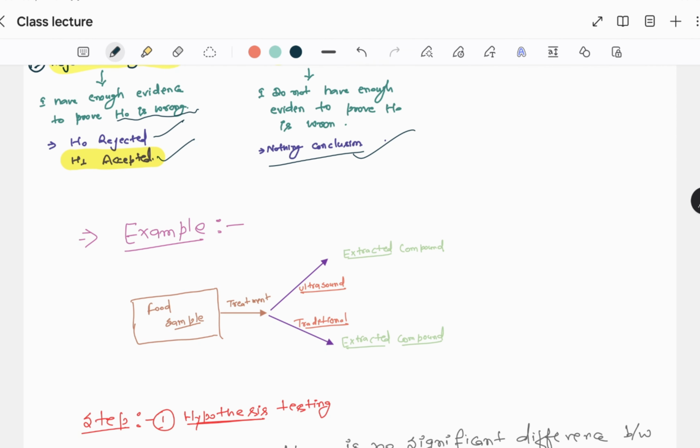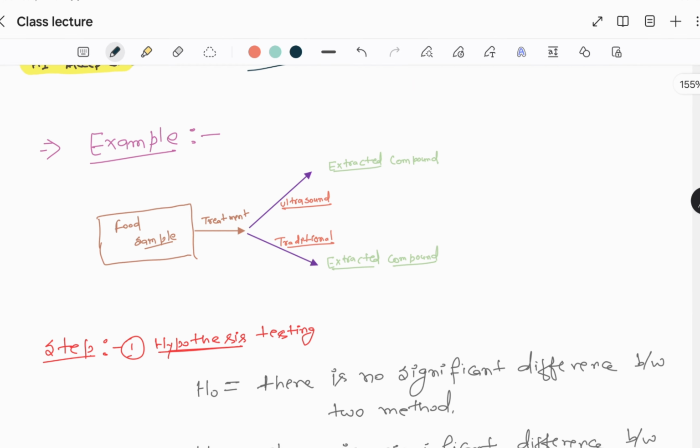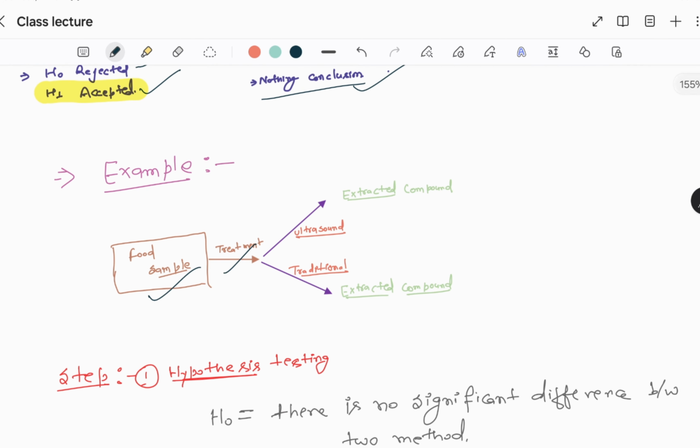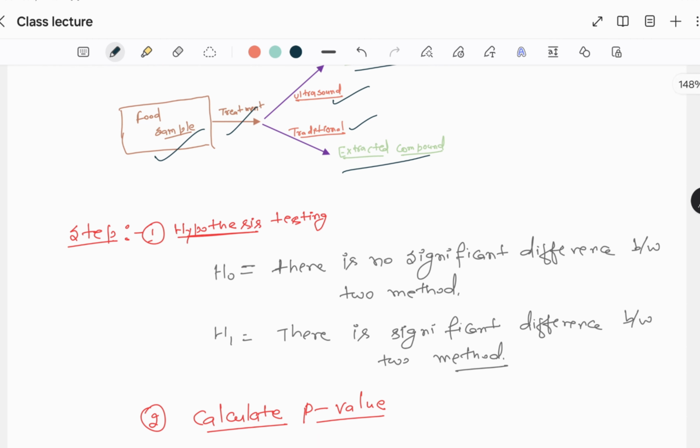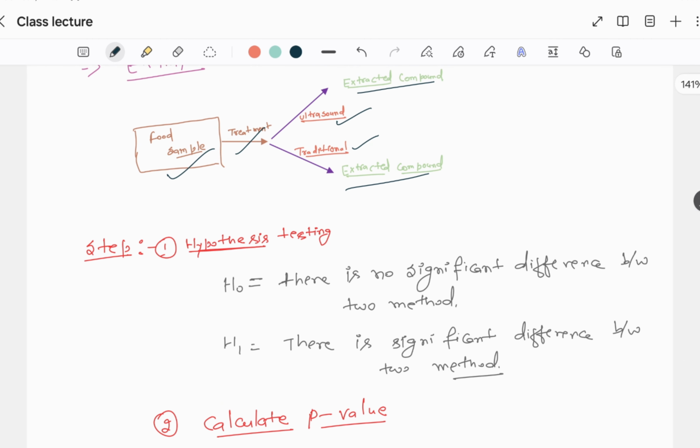For a practical example, say we have a food sample and we give two treatments, ultrasound and traditional treatment, for extracting a compound. What we actually wanted was to use some technology to enhance the extraction rate or extraction amount. So we will say that ultrasound is significantly different from the traditional.